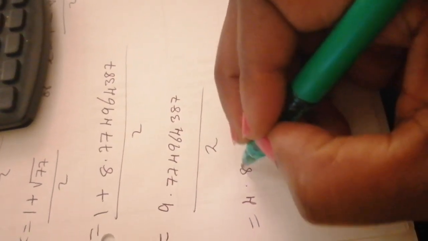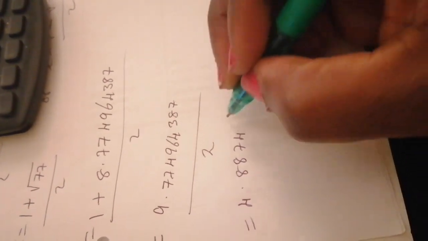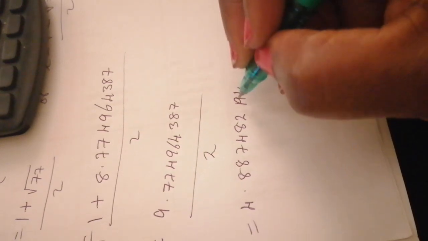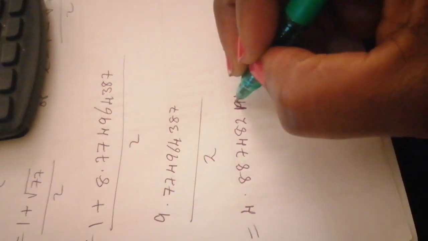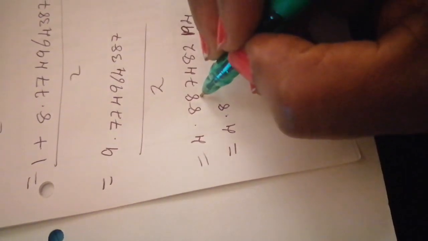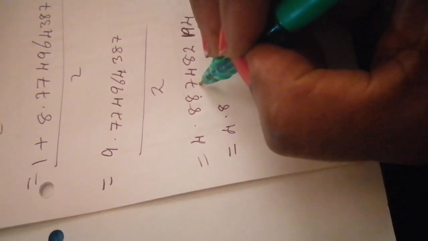Okay, so we have that number divided by 2. We have 4.887482194. Giving the answer to 2 decimal places, we have 4.8. We have to end here. The next number is above 5, so we add 1 there, giving us 4.89.